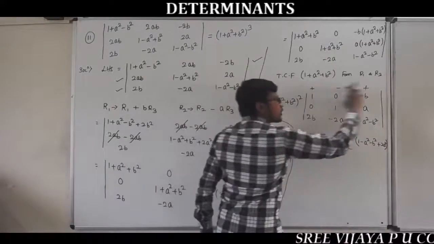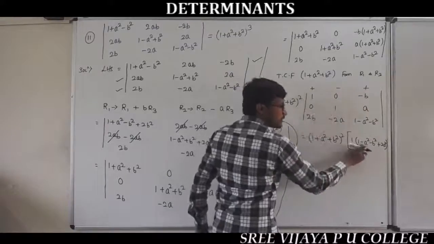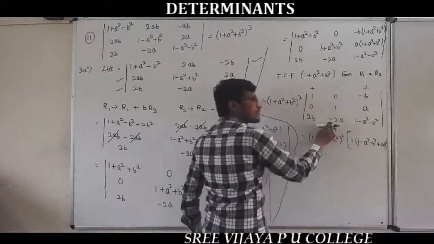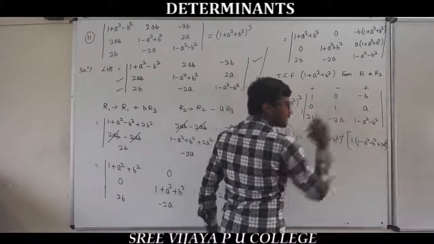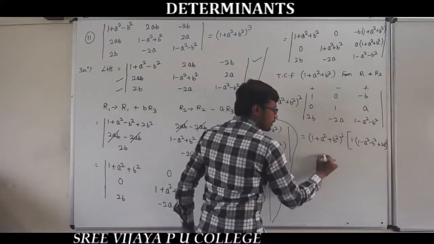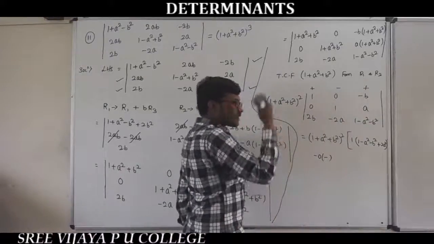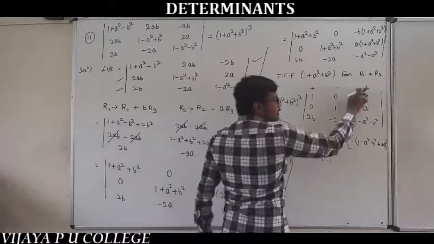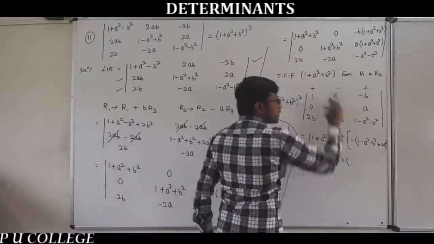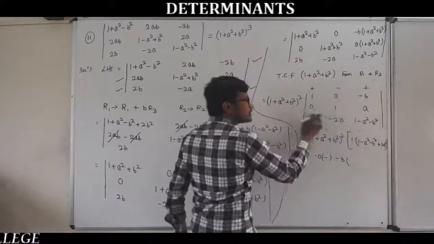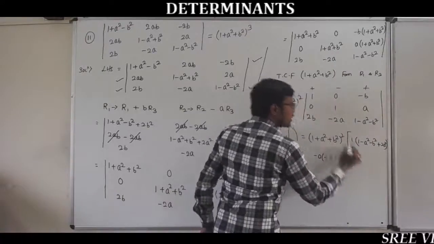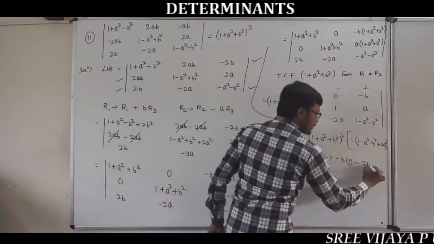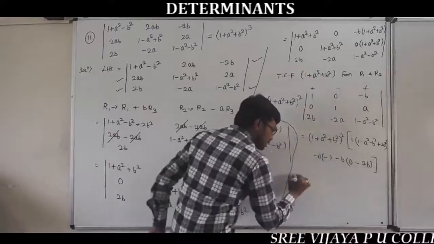Next minus, what do we multiply? 0, because we multiply 0 we leave it. So plus into minus minus b, first row third column leave it, 0 into minus 2a, 0, minus 1 into 2b, so 2b. That's all.